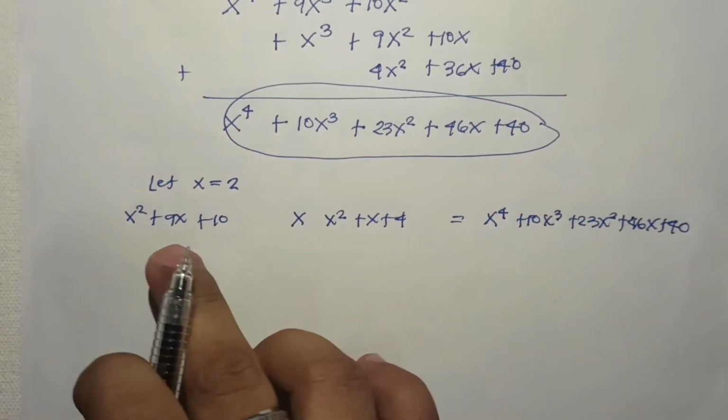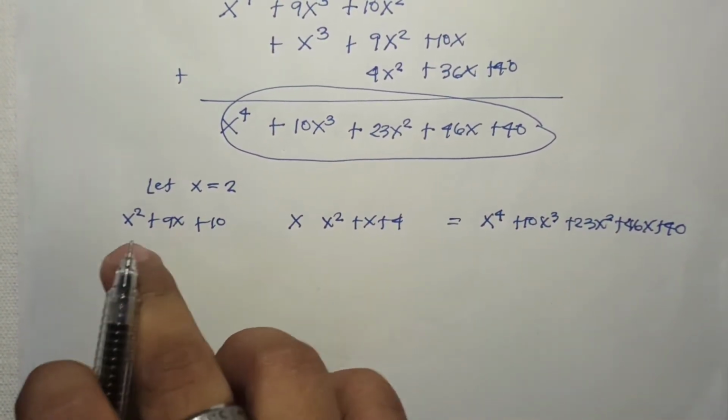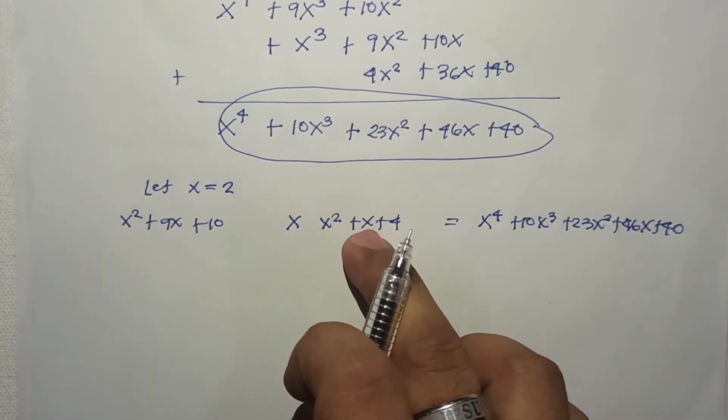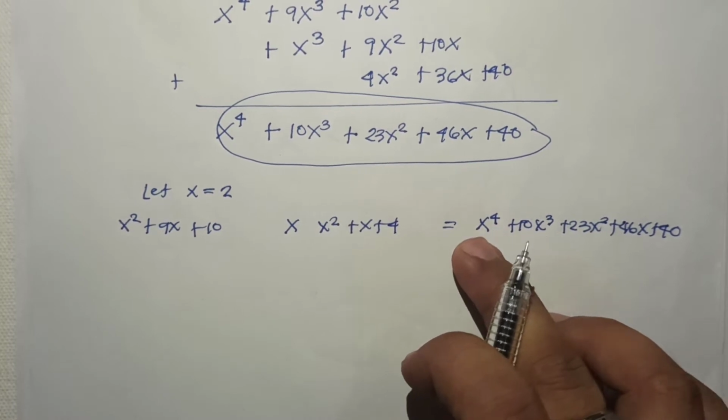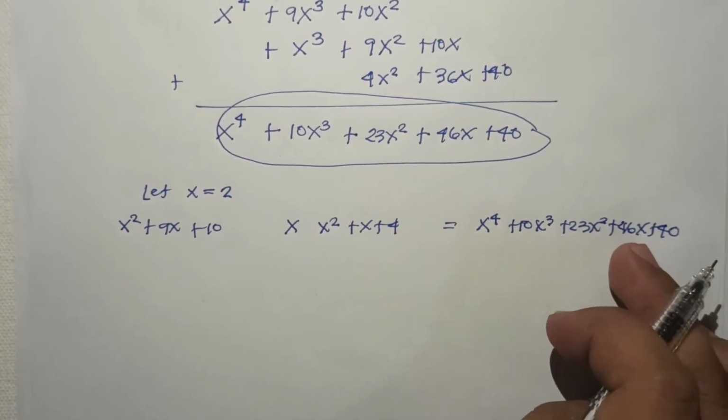So when I multiply the result of this part times the result of this part, it should be equal to the result when you let x equal 2 here also.